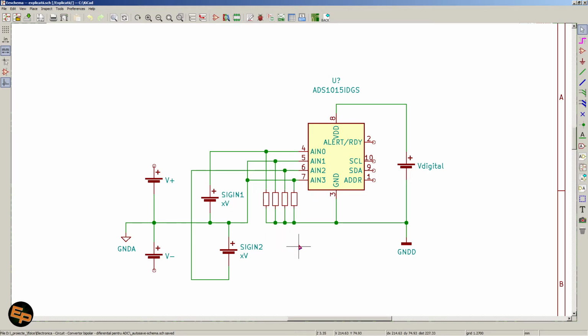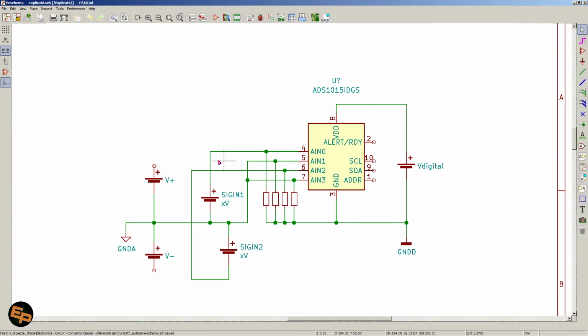Back then I could not visualize this thing with resistors. Now I can. So we can clearly see that if we do this, we will have a voltage divider between all analogic inputs and the ground, and of course the analogic output, sorry, and the ground.